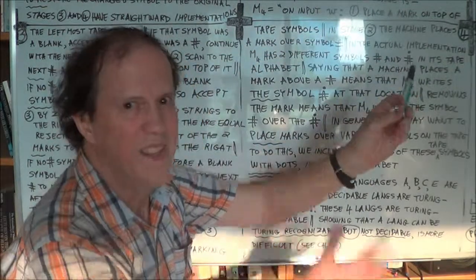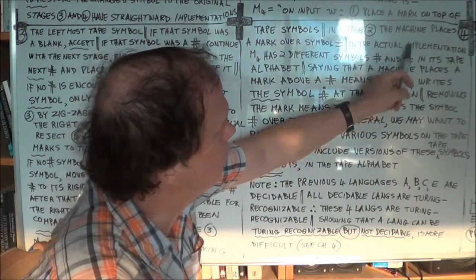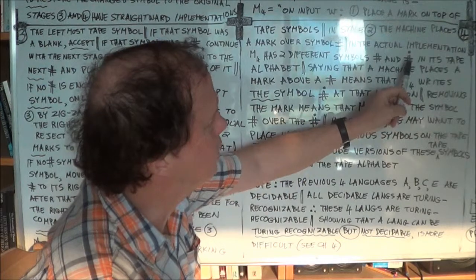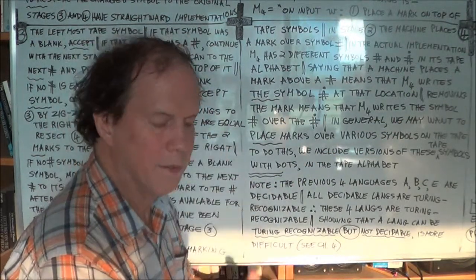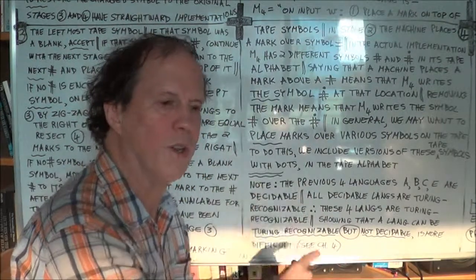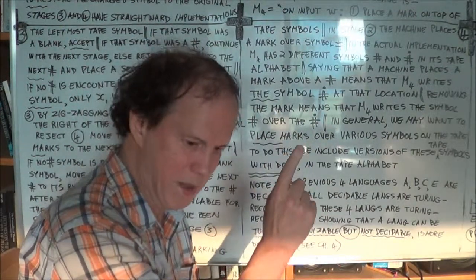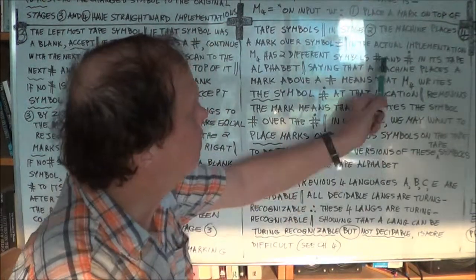And now you can have any other symbol, but choosing it to be this way, you have a symbol that just looks like hash dot. That reminds you that what it was before you dotted it, before you modified it, before you marked it, that it was a hash symbol. Okay?